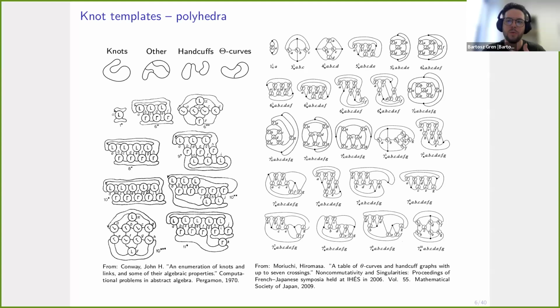But actually, what was the motivation behind the classification of tangles?